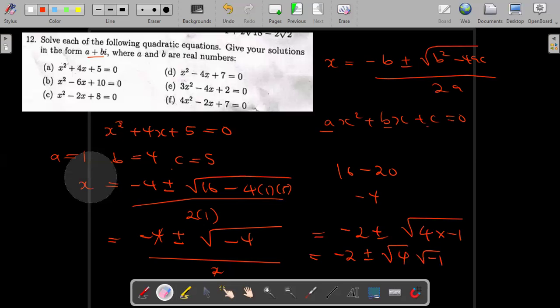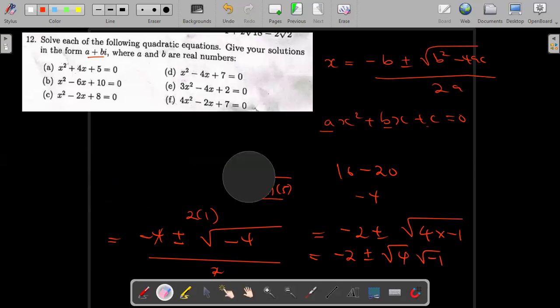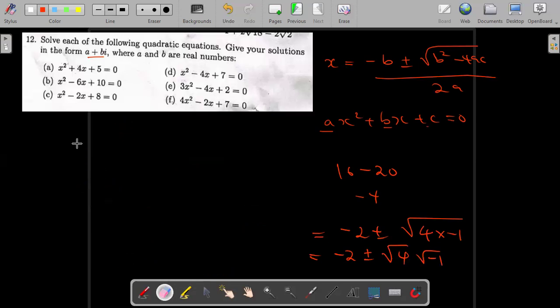Then this is just going to simplify to negative 2 plus minus, then the square root of 4 gives you 2. Then the root of negative 1 is just i. So I can write this as i like that.